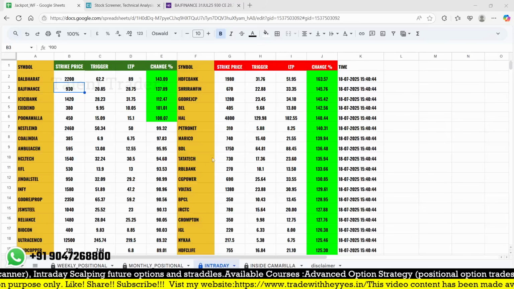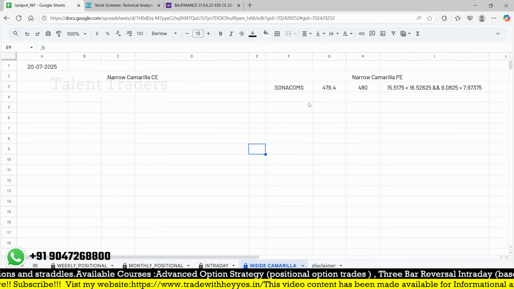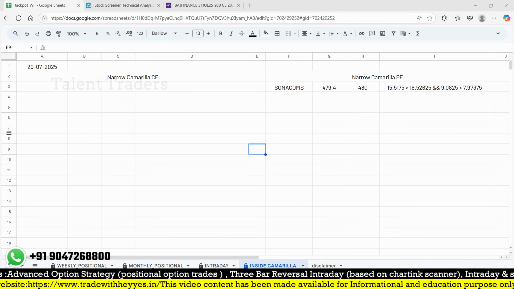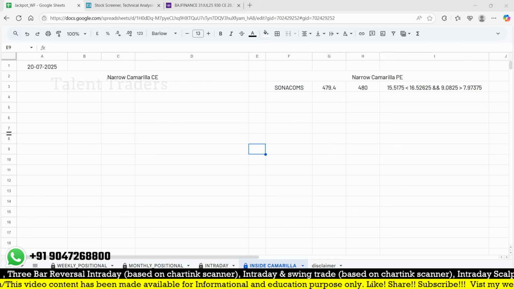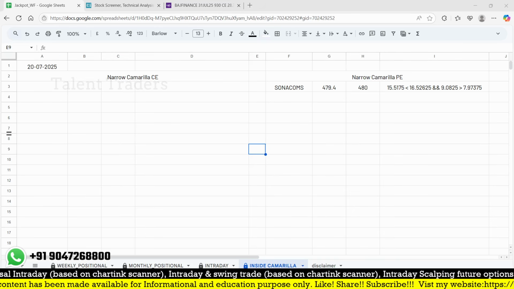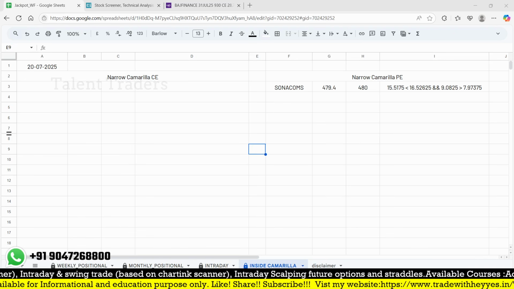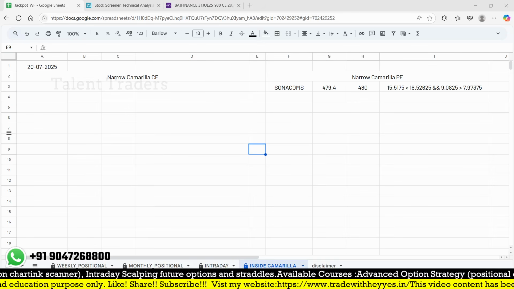We'll try to update that, and intraday is also going to update. These are the only stocks which we have selected and found based on the concept. Not many more stocks are forming such a pattern.